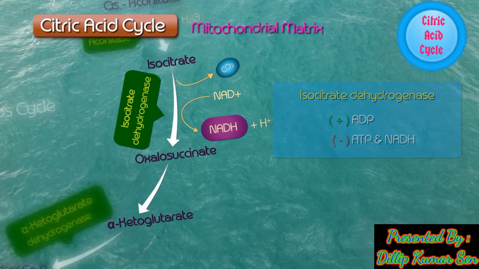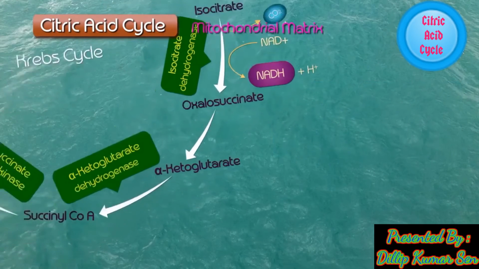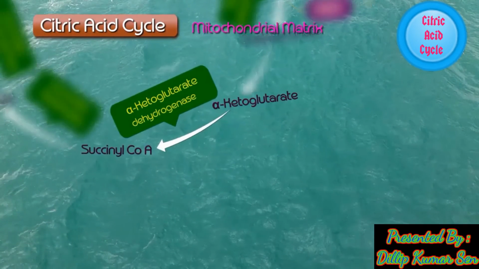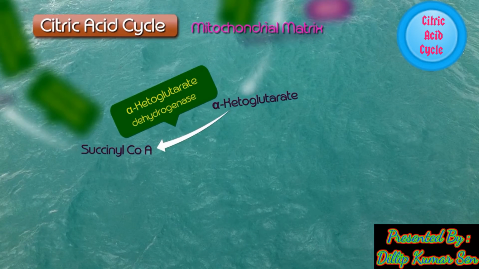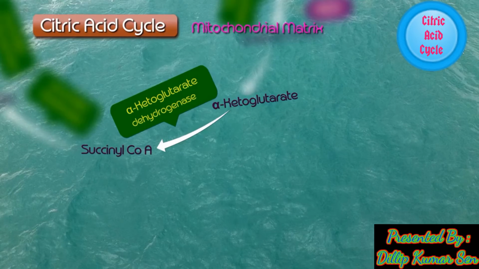So this alpha ketoglutarate dehydrogenase complex converts alpha ketoglutarate into succinyl-CoA.